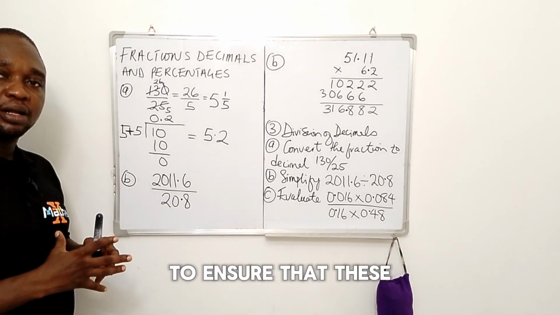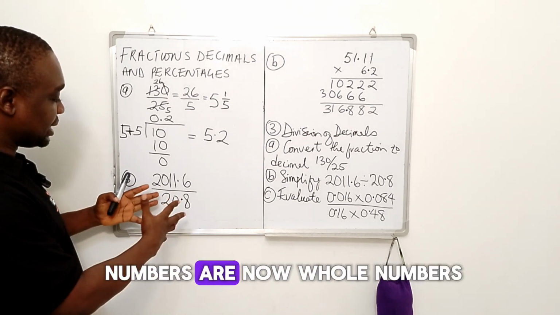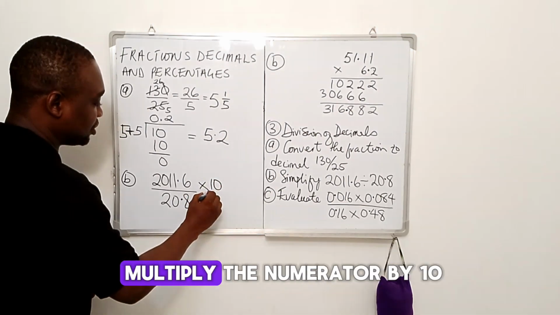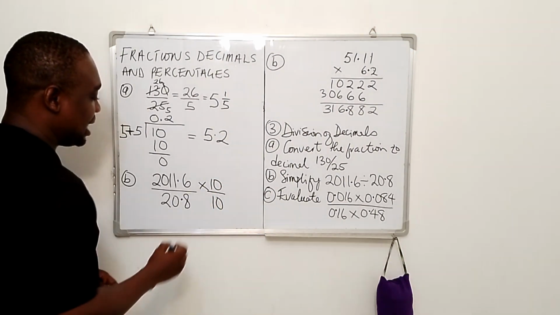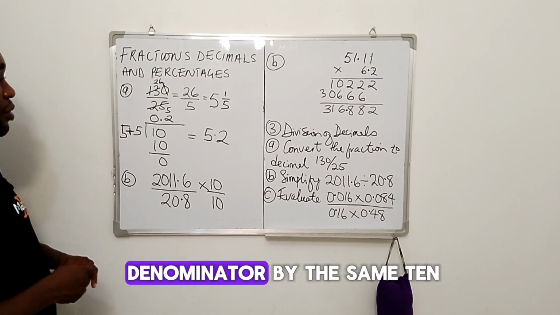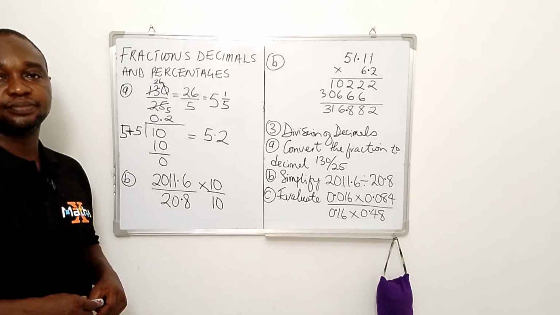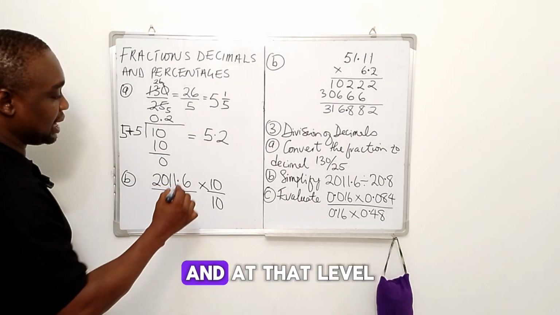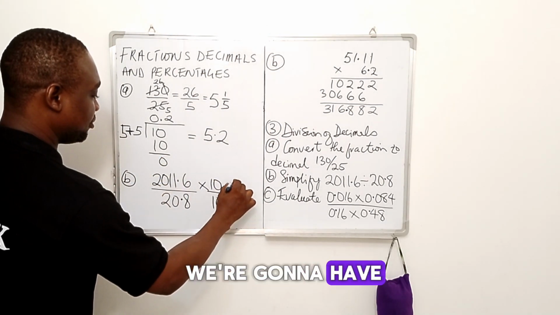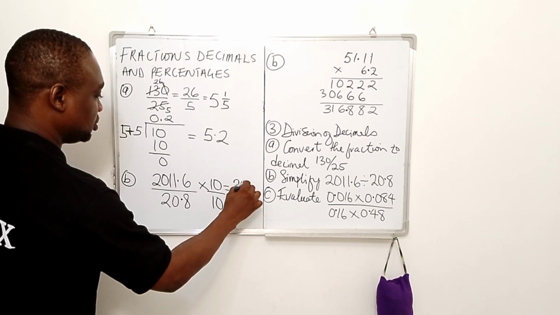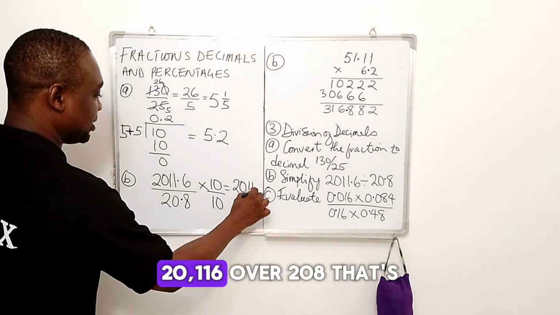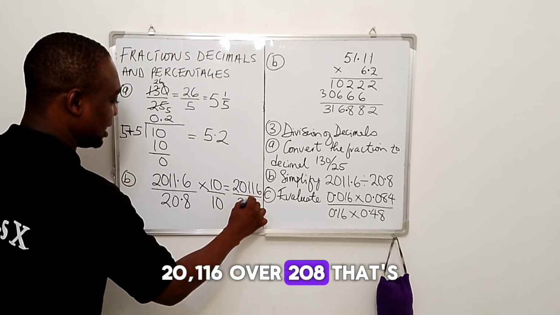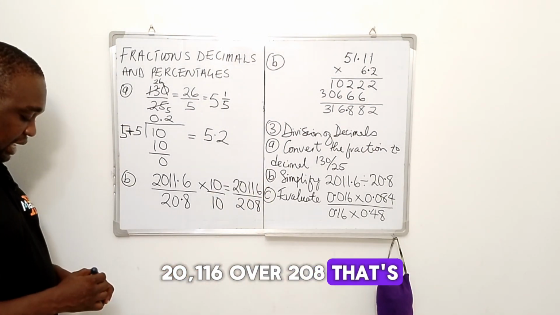To ensure that these numbers are now whole numbers, you will multiply the numerator by 10 as well as the denominator by the same 10. The idea now is to turn them to whole numbers, and at that level we're going to have 20,116 over 208. That's what we have here.